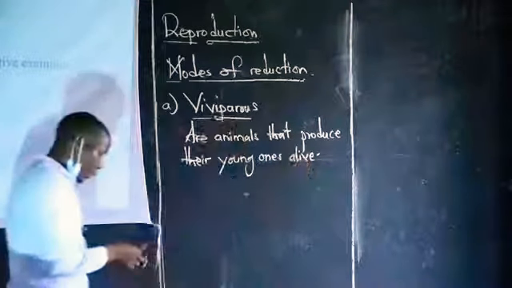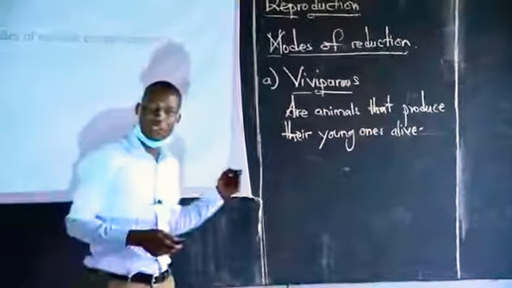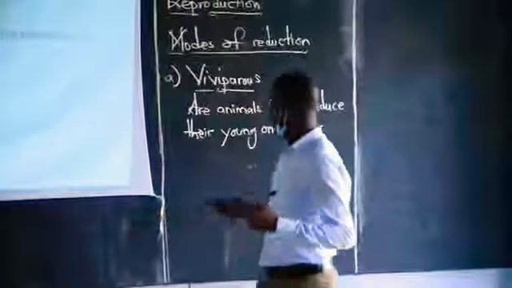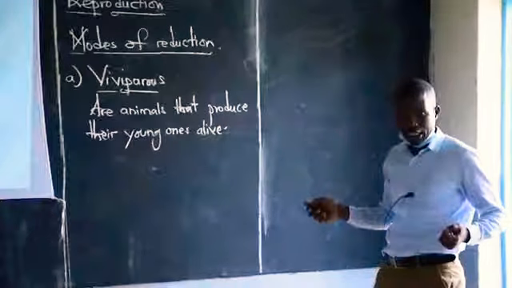So simply, if we are to group animals basing on the three reproductive modes, we find that we have some animals that will give birth to the young ones.